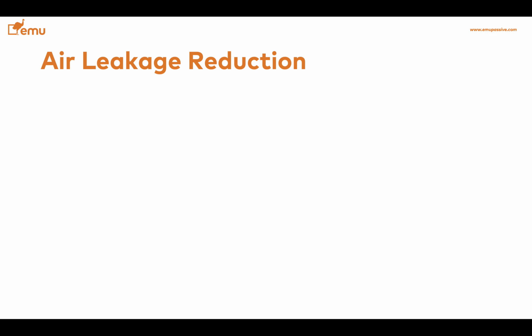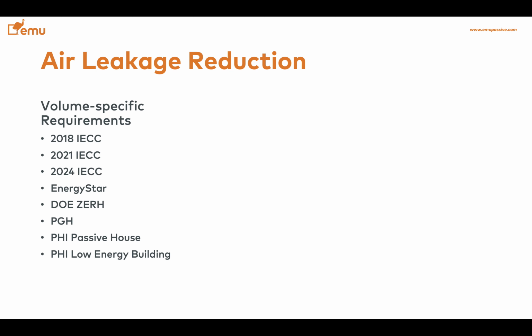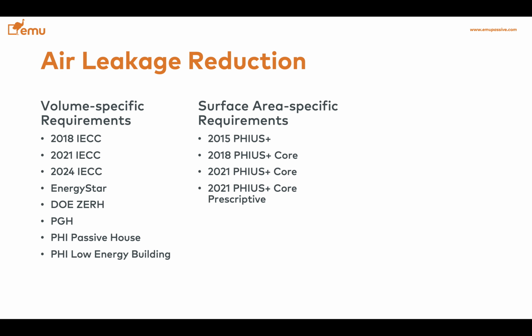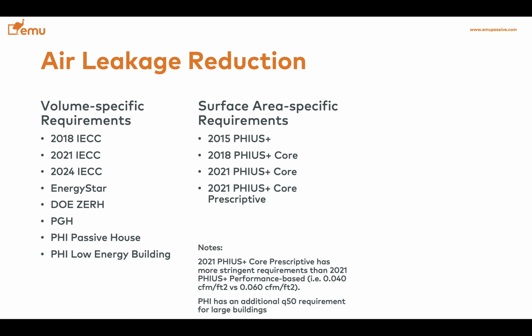Air leakage reduction: some standards use volume-specific requirements, including the IECC, Energy Star, the DOE Zero Energy Ready Home, Pretty Good House, and PHI. And some others, specifically FUSE, use surface area specific requirements.